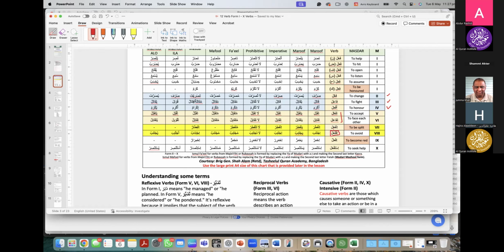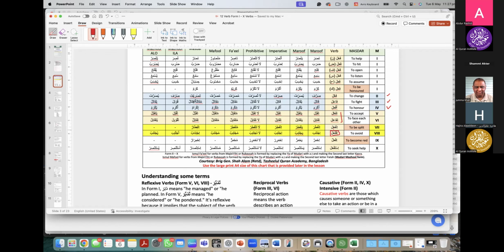As you know, an irregular verb is one holding any of the consonants or hamza, and then no repetition.